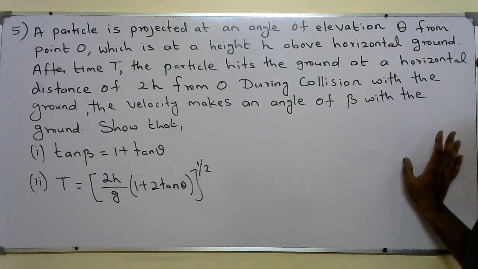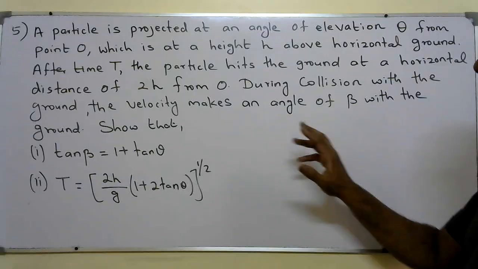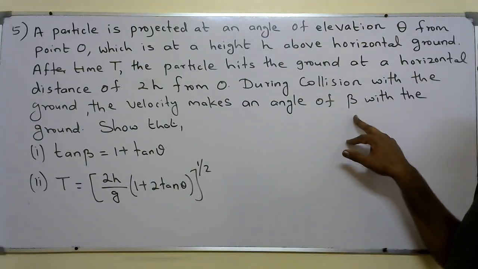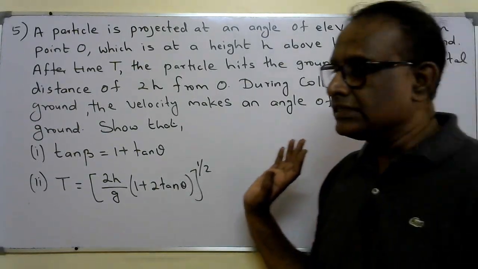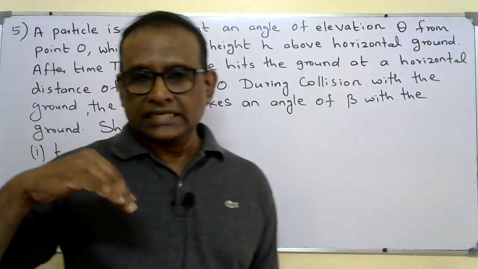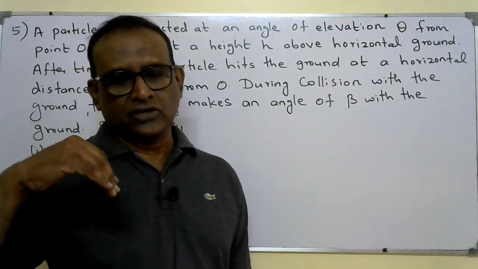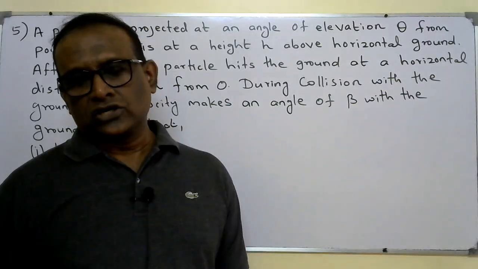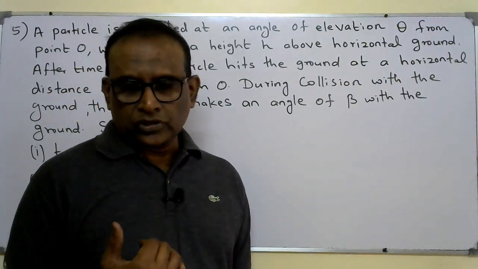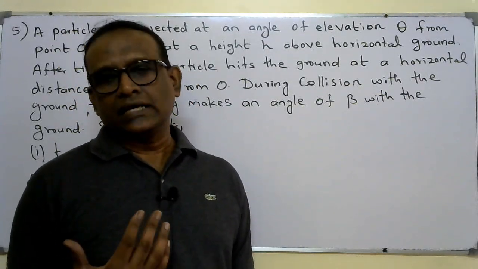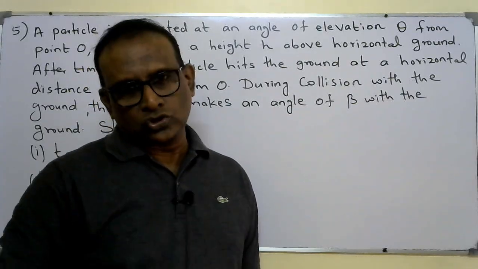During the collision with the ground, the velocity makes an angle of beta with the ground. You know how to find the angle of collision, but how to find the angle of velocity? We find the horizontal component of velocity and the vertical component of the velocity. Tan beta is equal to vertical component over horizontal component.